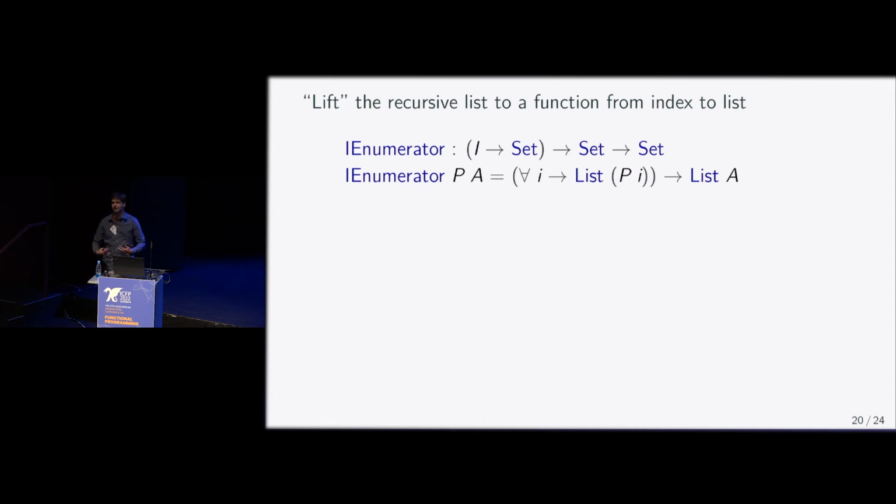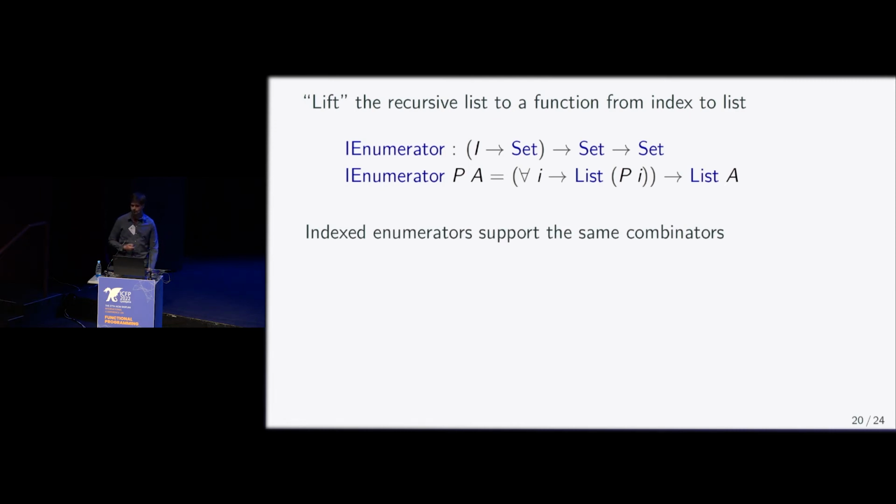And the assumption that it makes is going to be a function from that index to a list of values at that index. And the way to think about this is that an I enumerator enumerates values at a particular type, but the recursive occurrences vary with some index I.